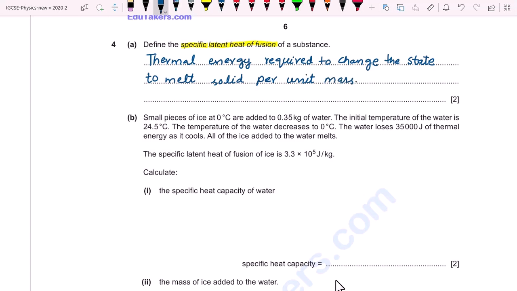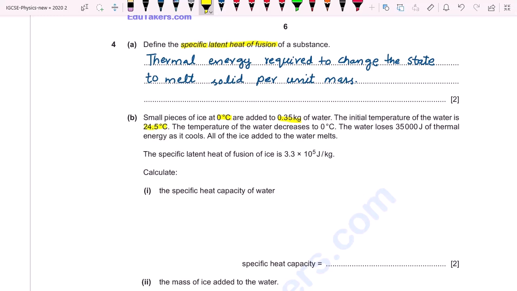Part B. Small piece of ice at 0 degrees C are added to 0.35 kg of water. Here mass of water is given. The initial temperature of the water is 24.5 degrees C. Initial temperature of water is given.